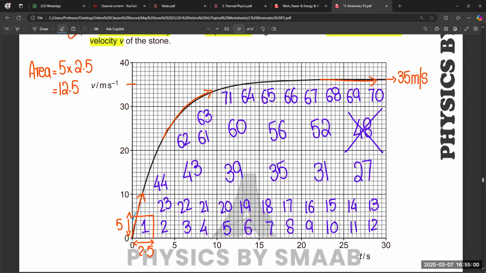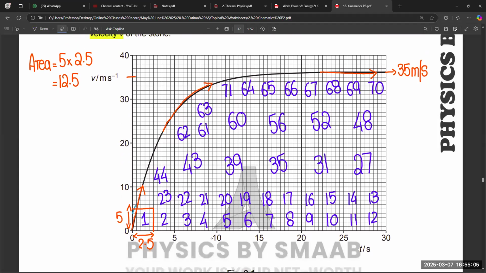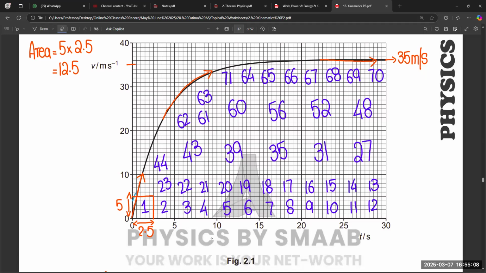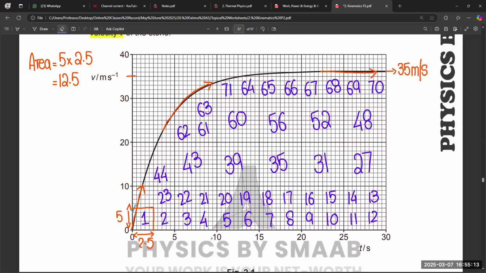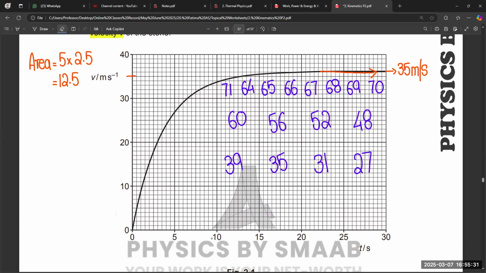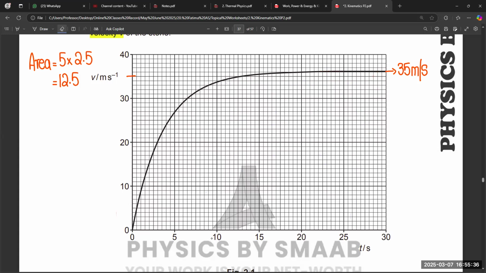For example, if we ignore this method, and if you think this counting is very difficult right now, ignore all the numbers. Okay.